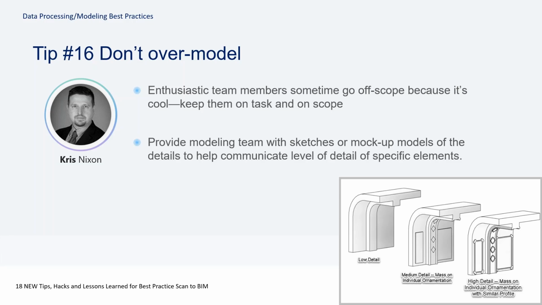I think my favorite example is I remember handing over a project to a client where somebody had modeled the handrails in one part of the building, and it was totally not in the scope or the requirement, but we got a phone call and they were upset because we'd only modeled half of the handrails. It's a great example.